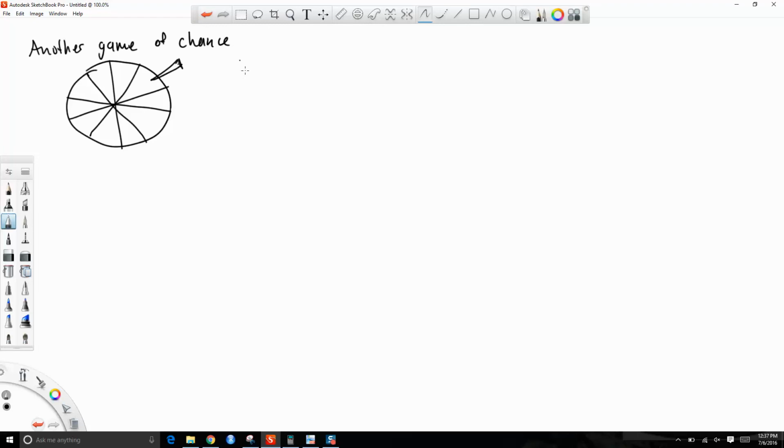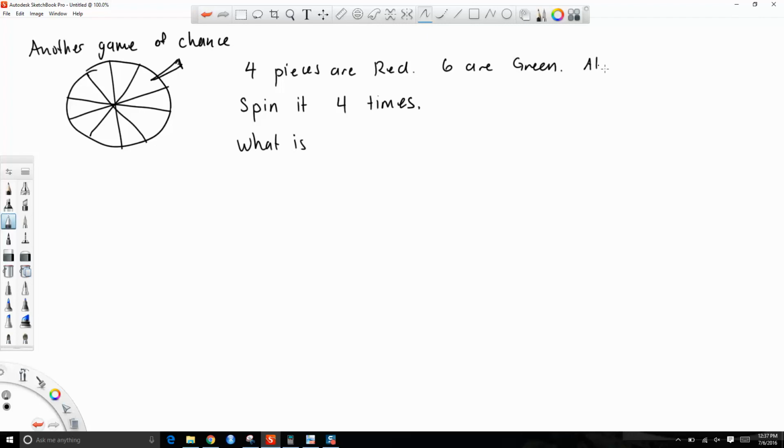We'll say 4 pieces are red and 6 are green, and we'll spin it 4 times. We'll say all have equal probabilities. What is the probability that after 4 spins, it landed on green twice?